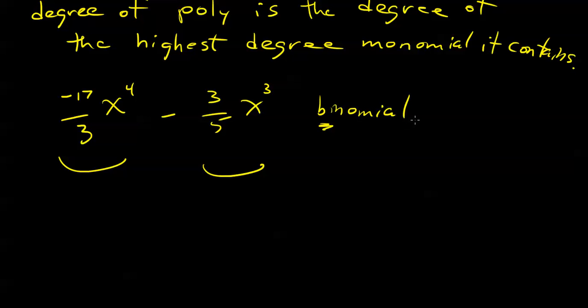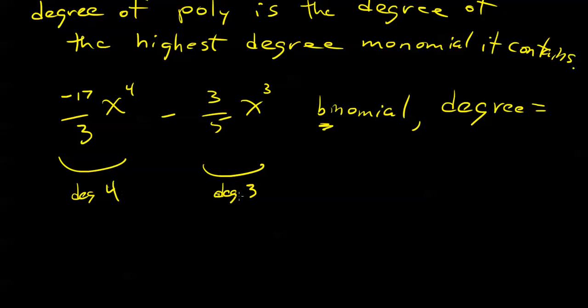So what's the degree? Well, the degree of a polynomial is the degree of the highest degree monomial it contains. This monomial is degree 4. This monomial here, I'm sorry, hang on a minute. This monomial is degree 3.